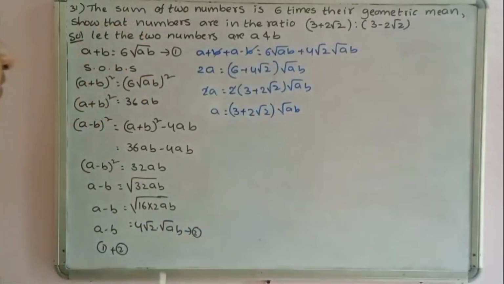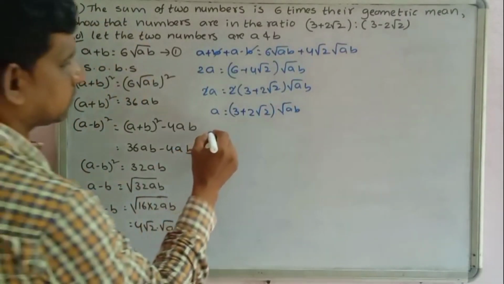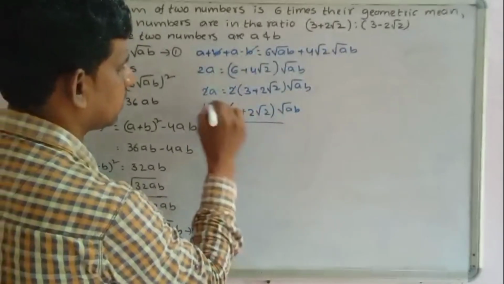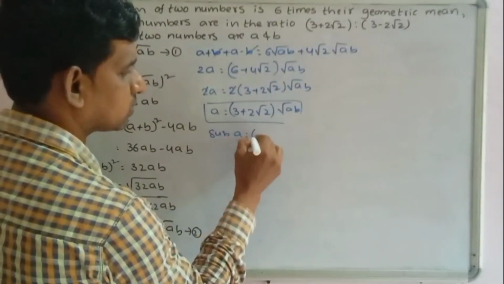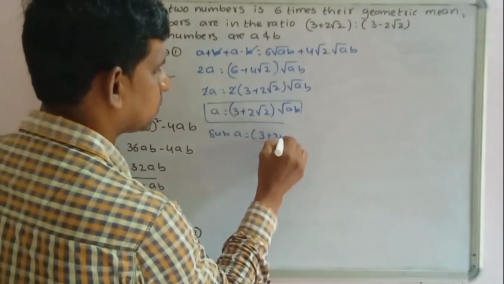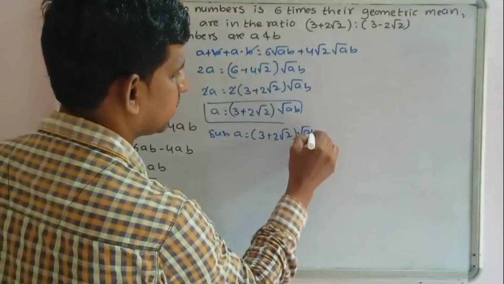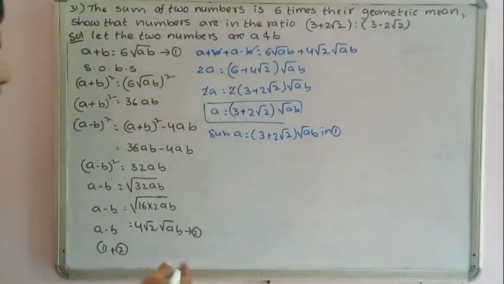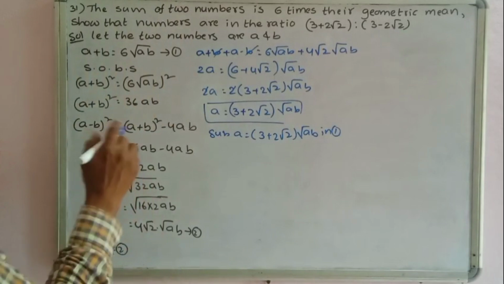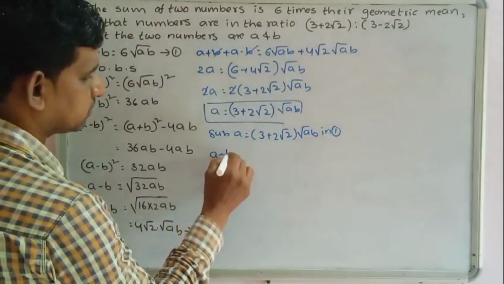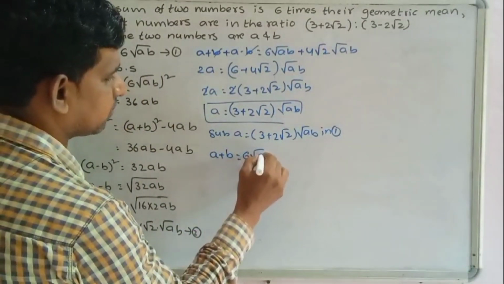Now we will find the value of b. Substitute this a value, a equals 3 plus 2 root 2 square root of ab, in equation 1. So what is 1? a plus b equals 6 square root of ab.